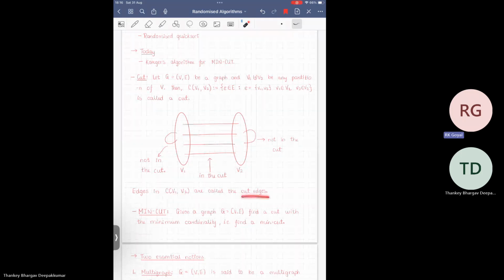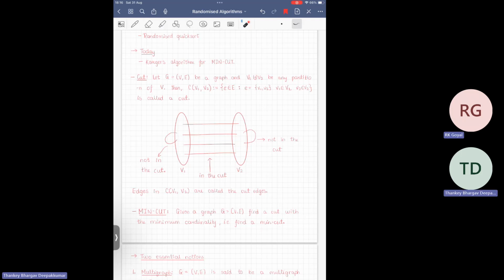Now let me define the problem of min cut. Given a graph G equals (V, E), we want to find a cut with minimum cardinality. The cut with the minimum cardinality is called the min cut. So the problem of min cut is just to find a min cut in the graph.